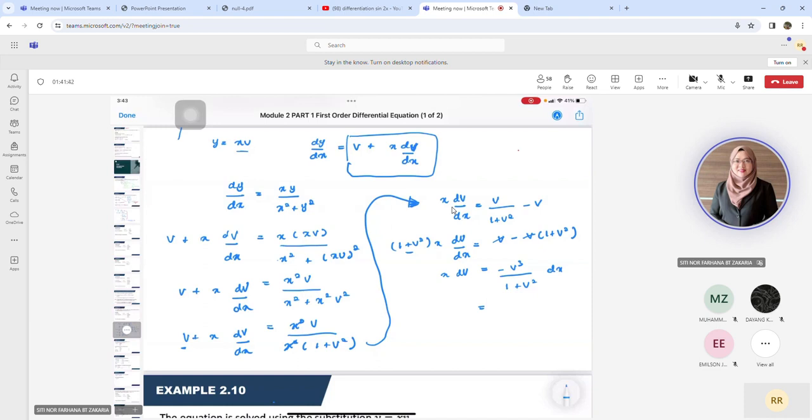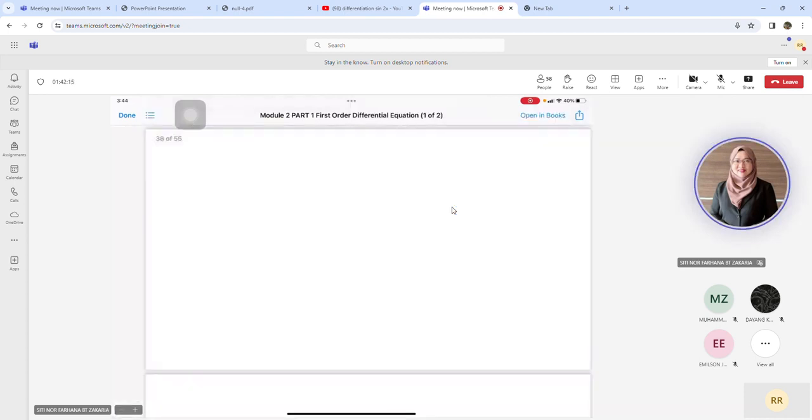Until you can separate v in your left side, x in your right side, or x in your left, v on your right. You can separate, then kira sukses lah. Okay, so this one akan jadi one plus v power of 2 divide by v power of 3.